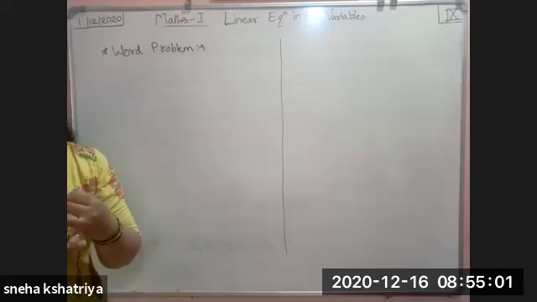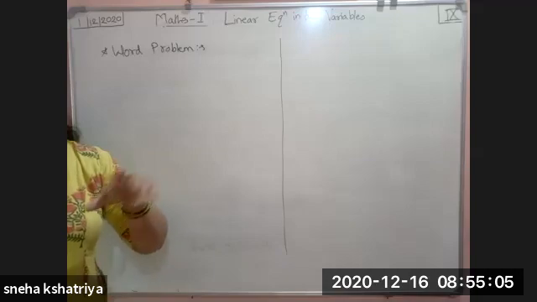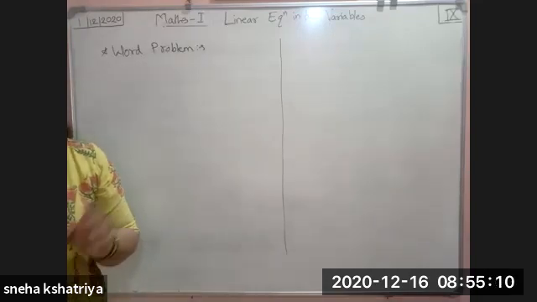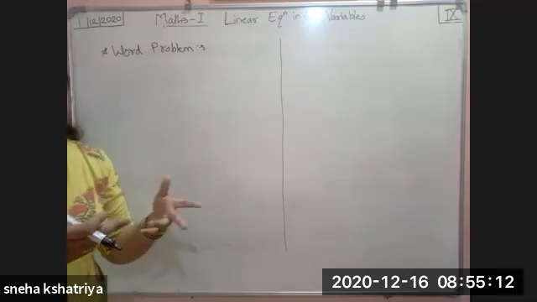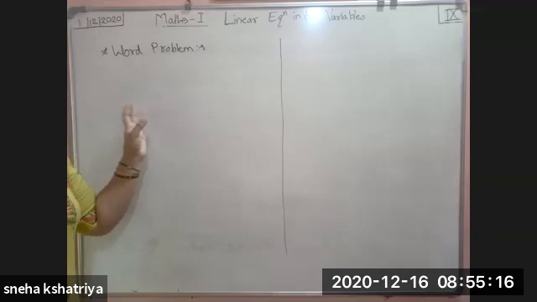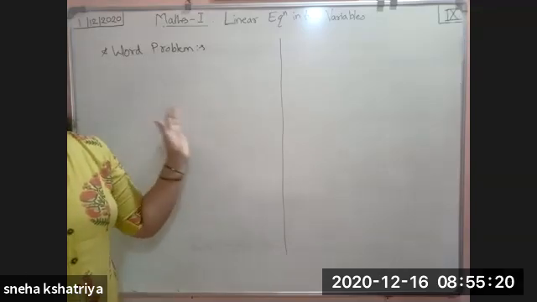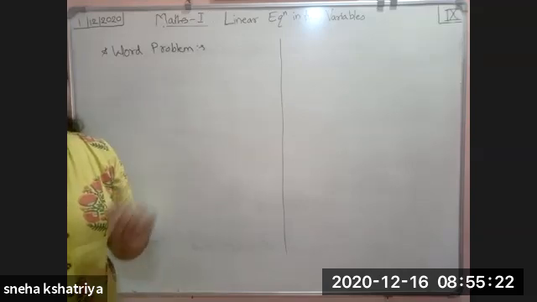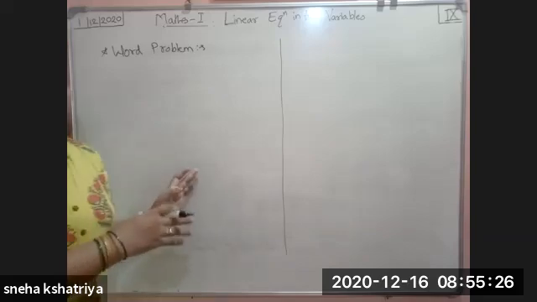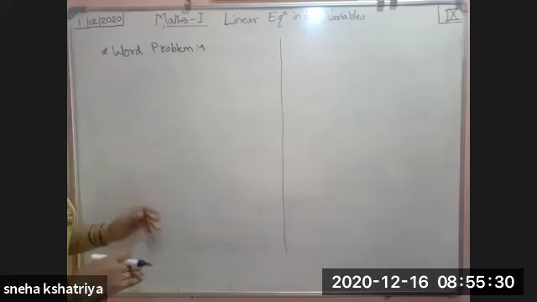So these are the steps. First, read the question very carefully. Then you have to suppose all the equations, that is, how we are going to represent it. Then after supposing, you have to form the mathematical statements, like equation 1 and 2 in the previous examples. After that, take any one method to solve the examples and find the solution.